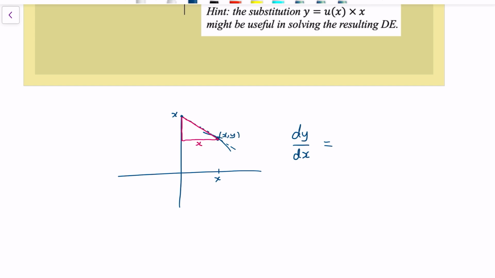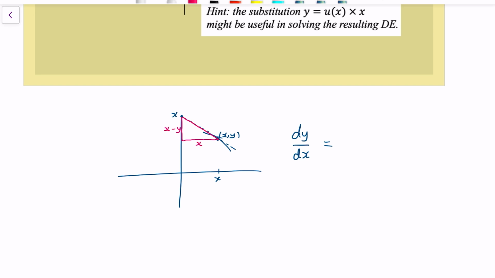We don't know what the equation is for that curve, so we don't know what y equals, but (x, y) is the general point on the curve, and therefore the height of this triangle here is x minus y, assuming that the y-intercept x there is bigger than the y value we started with.